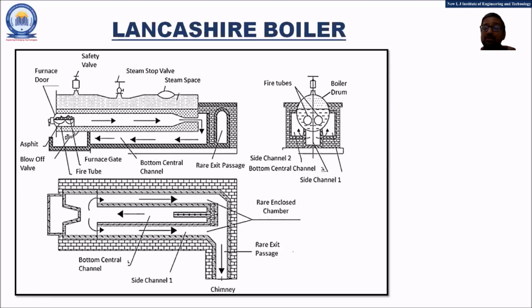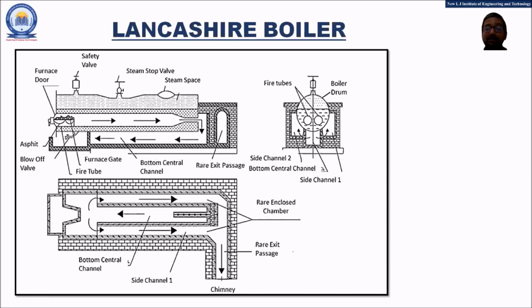So friends, if you see on the back side of your textbook, one equation or one relation is given in the box. That is very important for the working of the Lancashire boiler. That relation is: grate. The hot gas is produced in the grate. First they are transferred to the MF, the main path, main pipe.